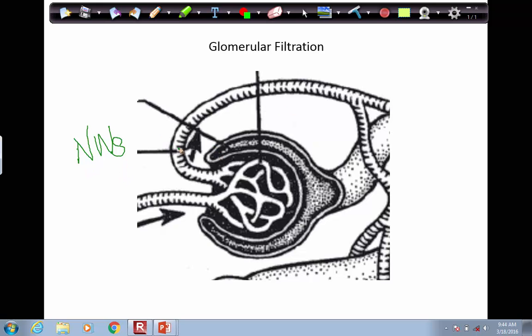So we have nitrogenous wastes. That's the first thing that we want to talk about, and we'll look at what those wastes are. So nitrogenous wastes enter. There's several different types. So NW. We have nutrients.